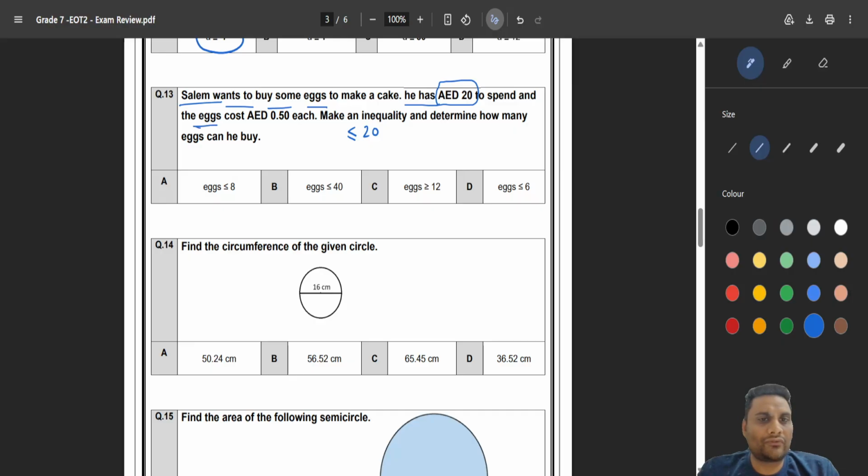The cost of each egg is 0.5 AED. So the price of one egg will be 0.5, correct? Now, is it given how many eggs he bought? It is not given. So let's say we bought E eggs. How many eggs? E. Or let's write eggs only.